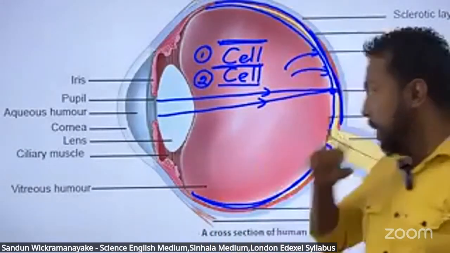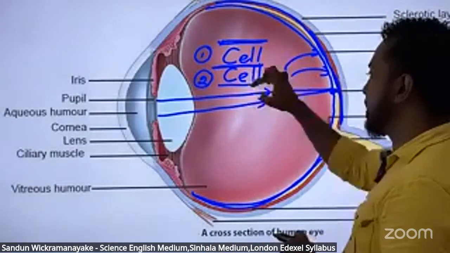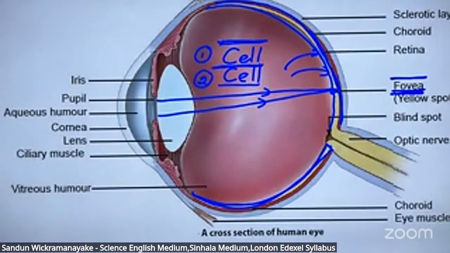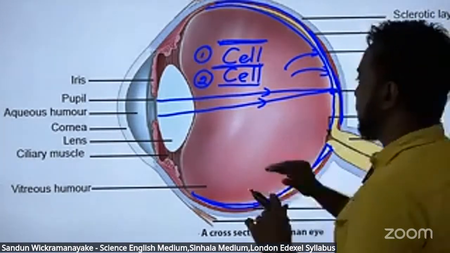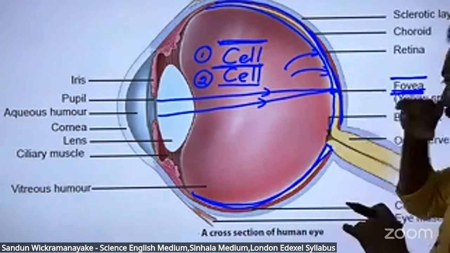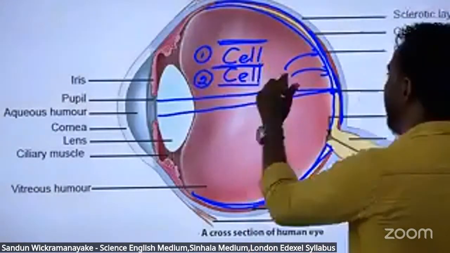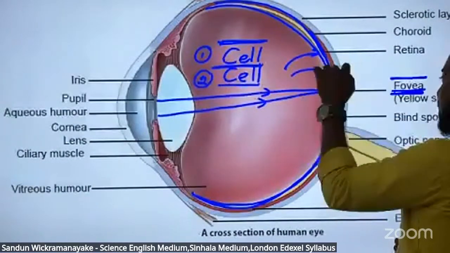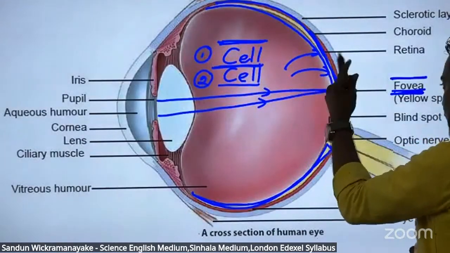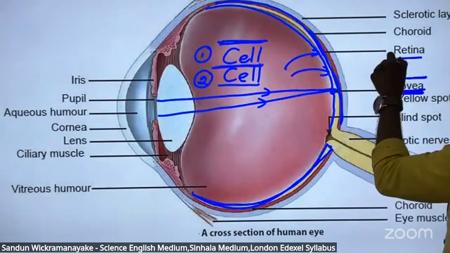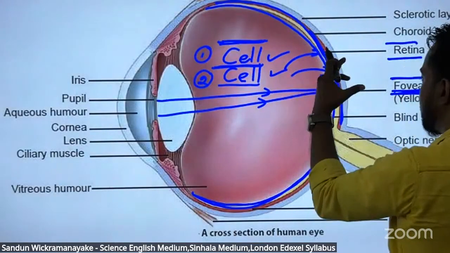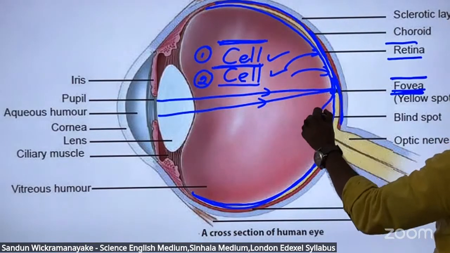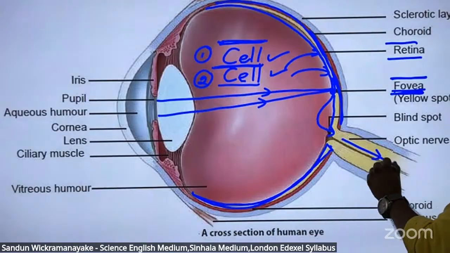Look at this. We have the rod cells and the cone cells also, right? We have the two kinds of them. Now after the stimulation, the retina and those two kinds of cells generate some electric pulse, and that goes through the optic nerve to the brain.